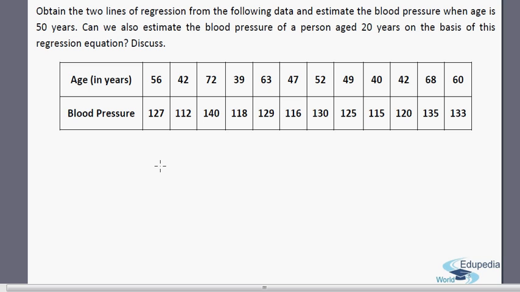We need to estimate the blood pressure of a person whose age is supposed to be 50 years. And further, we need to discuss if the blood pressure of a person aged 20 years can also be estimated based on the regression equation which we find here.